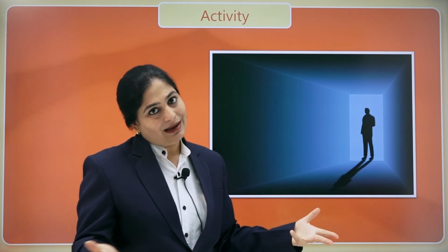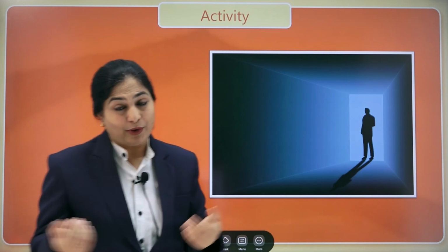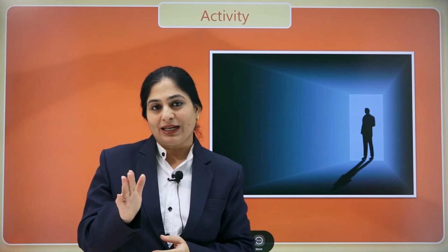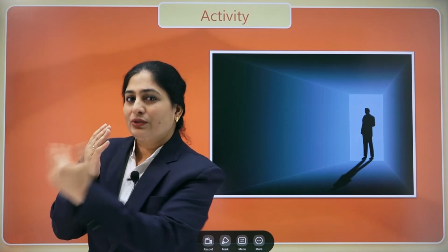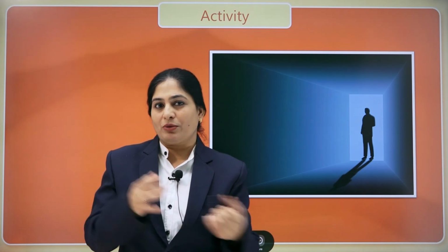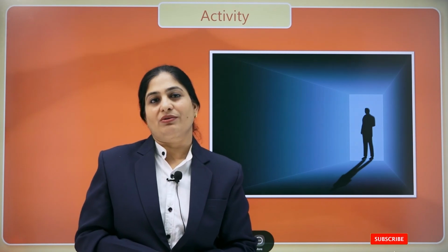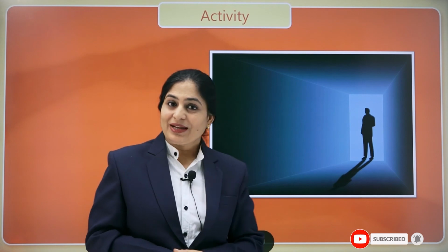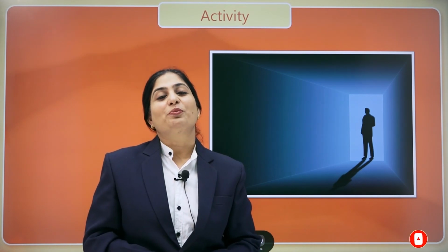Again, we human beings are opaque because we block light, and we cannot see through the body like we generally see through transparent and translucent objects. So again, our body is an opaque object.